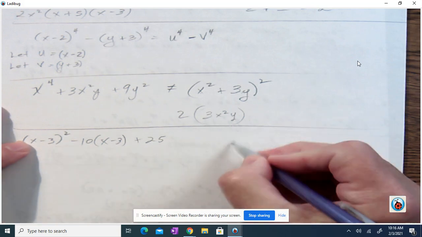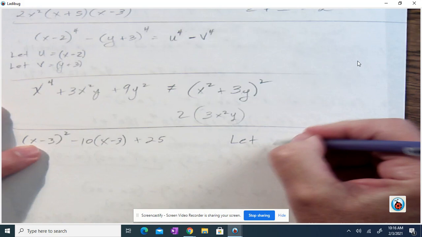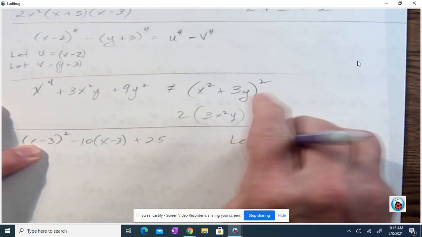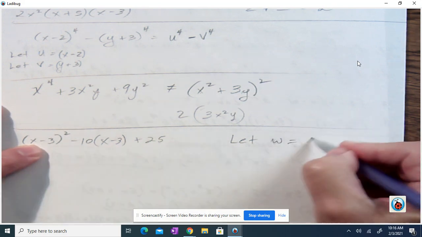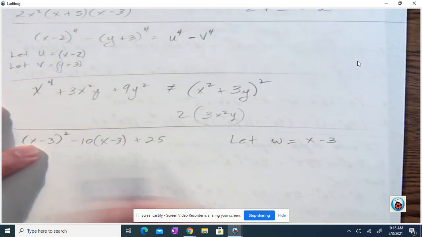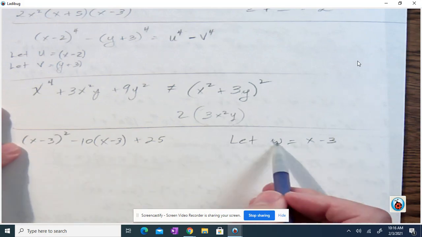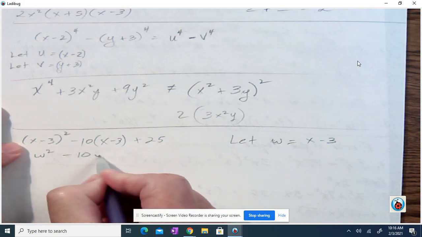I'm going to let the letter U... I better not use U because they use it. So how about W? I'll use W. So let's let W represent, just for a minute, x − 3. We just want to make it look a little simpler, right? So I'm going to replace these with w. So this would be w² − 10w + 25.